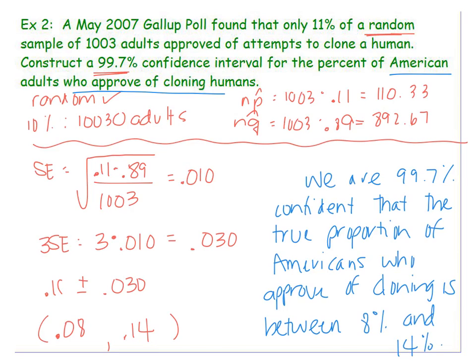So that's that 3-piece fill in the blank: the percentage, what the true proportion is that we're talking about for this problem, and your percentages.